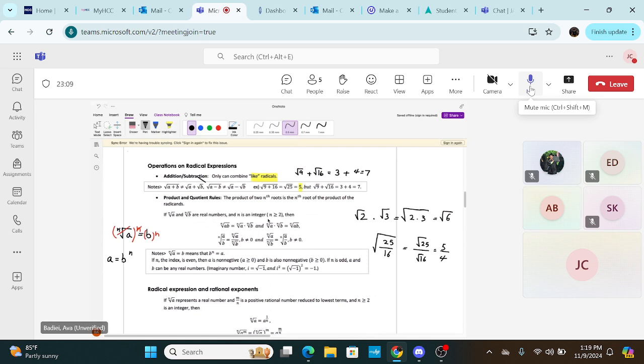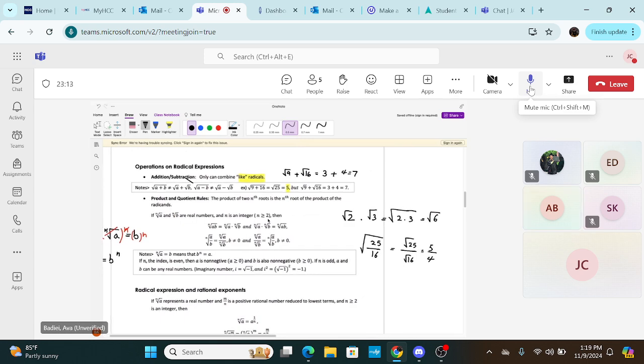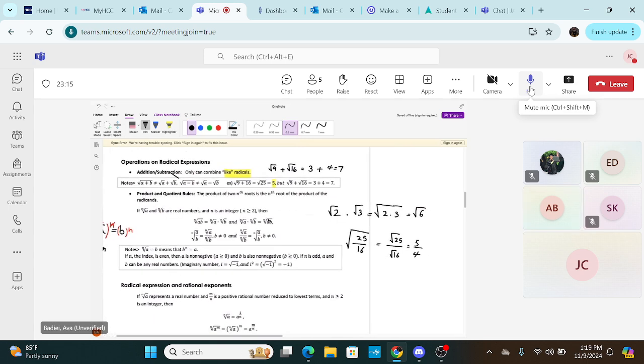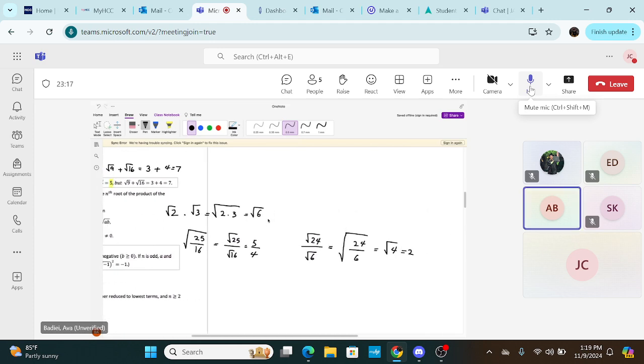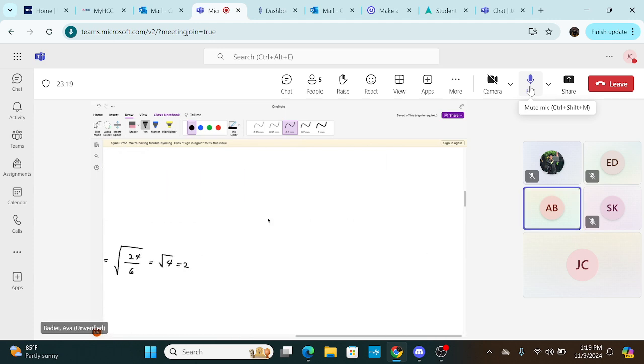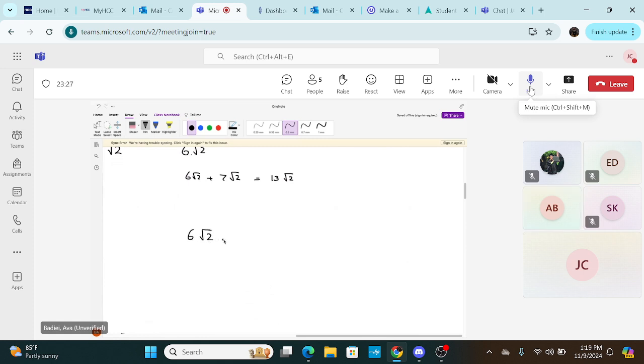But when you're multiplying, you can just multiply the numbers in the radicand if the index is the same. So when we are doing the multiplication, let's say we have 6 square root of 2 times 7 square root of 2. Now, in this case, there are different ways that you can deal with it.